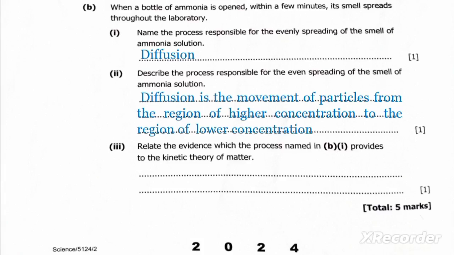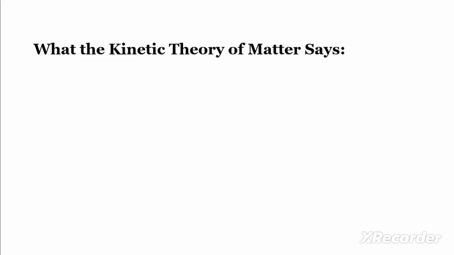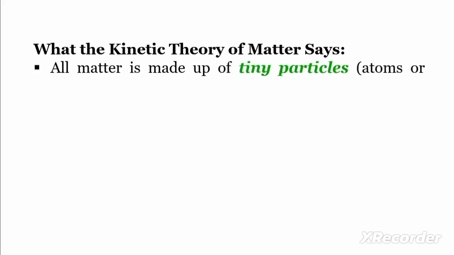We move to the next question, which is question B, Roman numeral 2. Relate the evidence which the process named in B Roman numeral 1 provides to the kinetic theory of matter. Before answering this question, what does the kinetic theory of matter say?